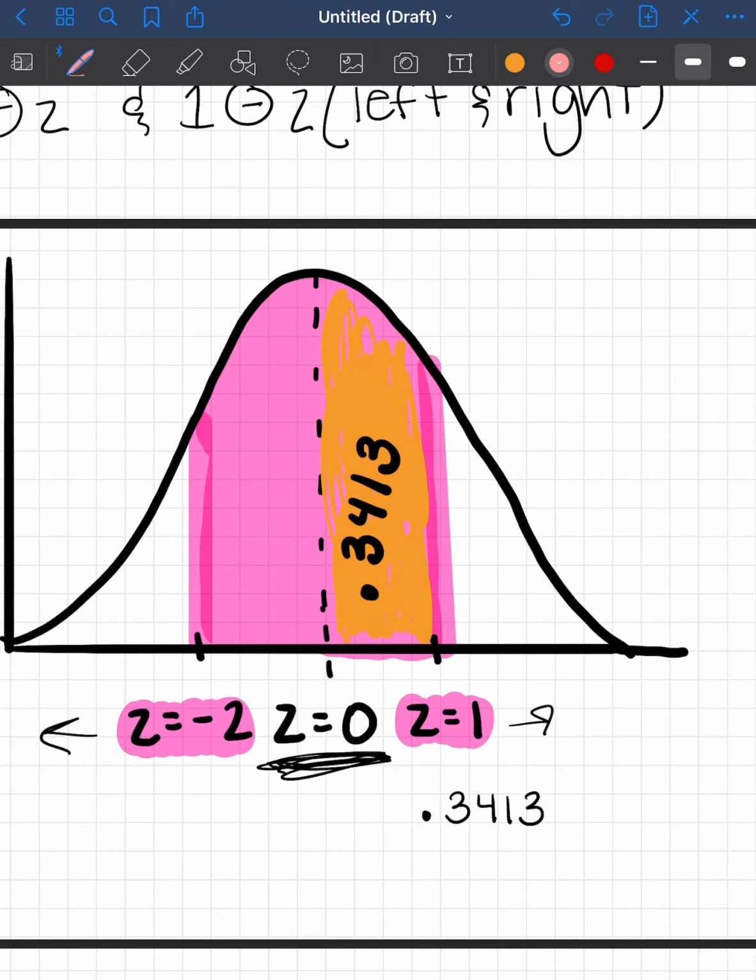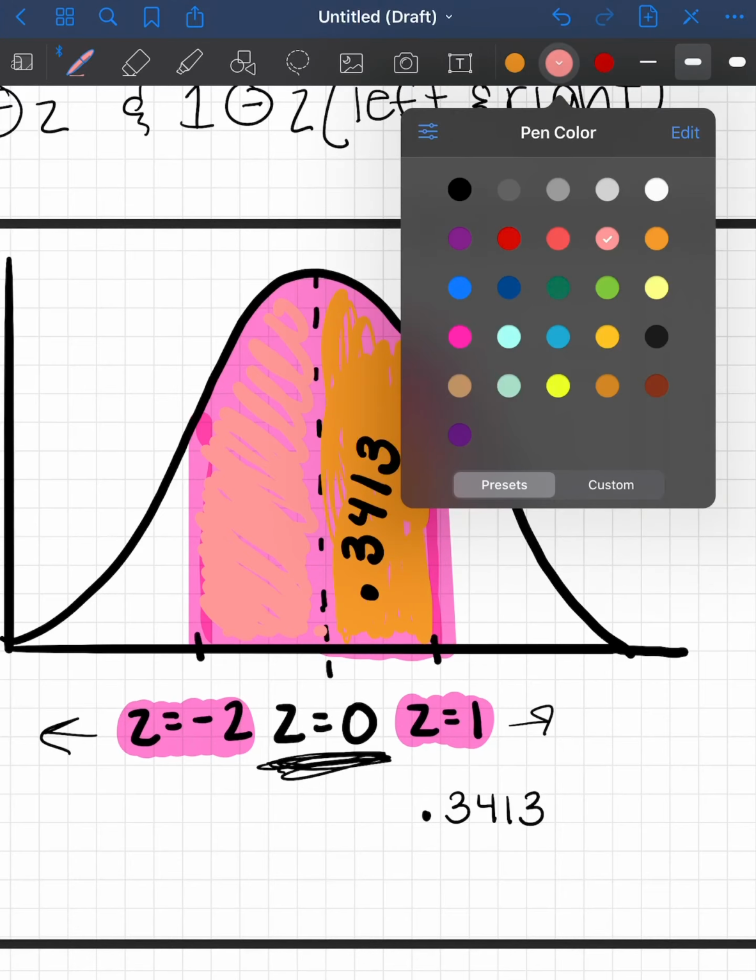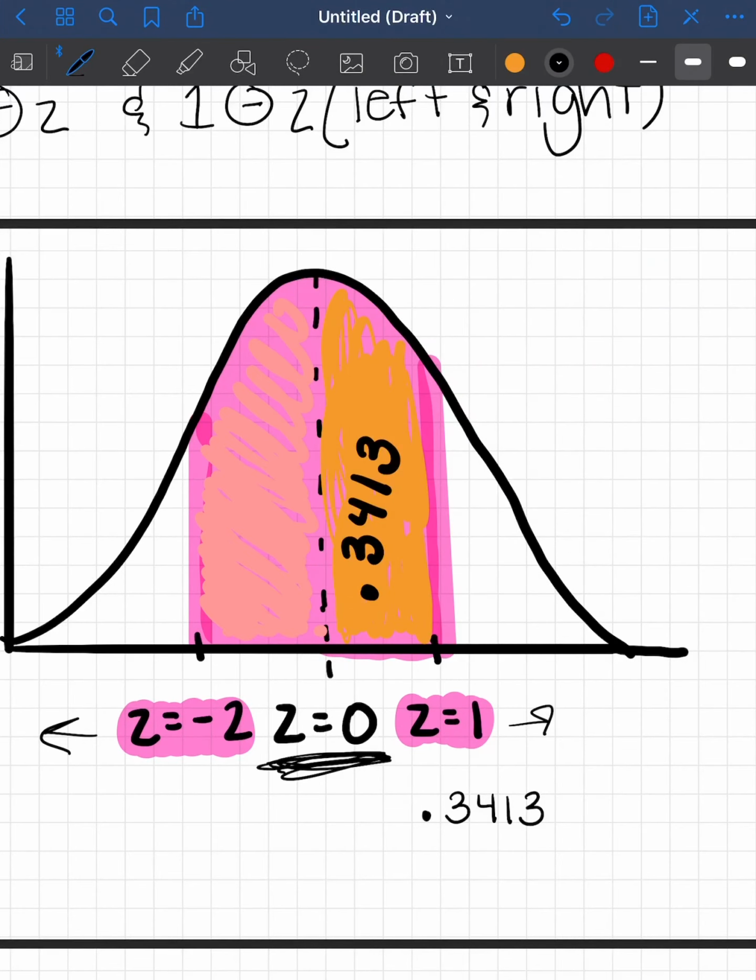The area is going to be the same. You're just going to have to think of it in terms of whether it's to the right or the left of the mean. So for 2, when I go over to mean to z, it says 0.4772, which means that the area from the mean to the z, which I'm shading in, is 0.4772.